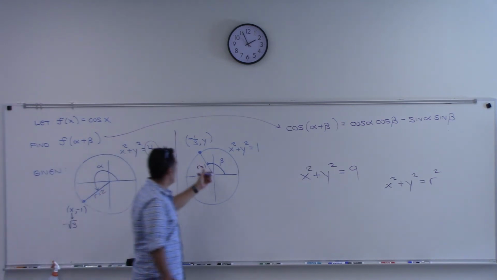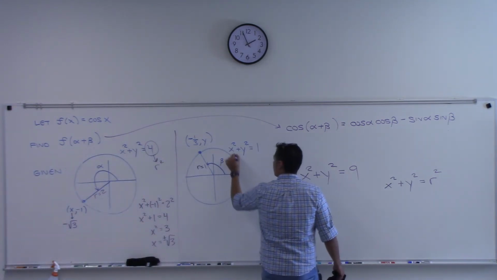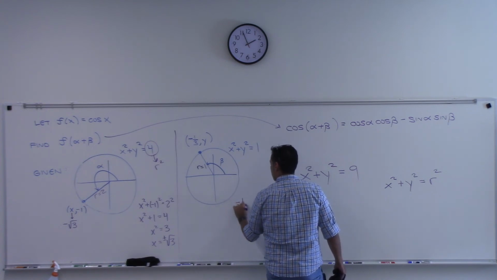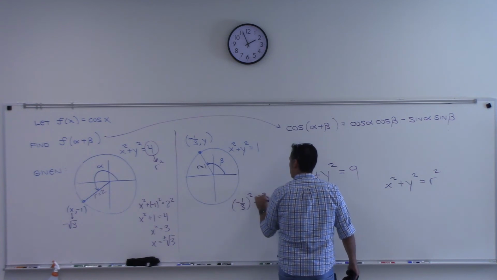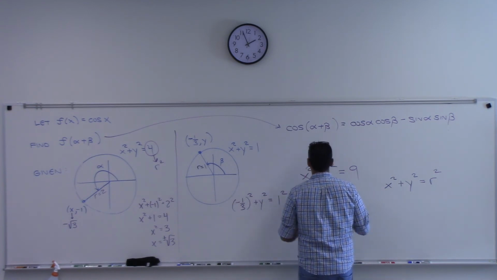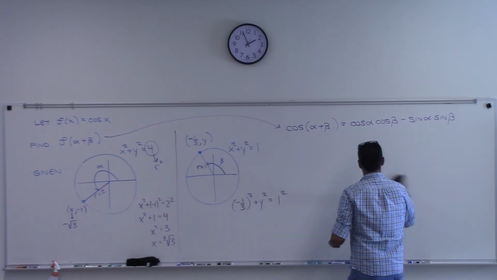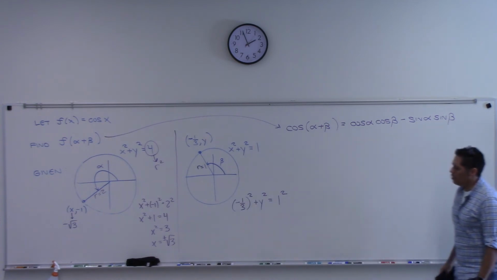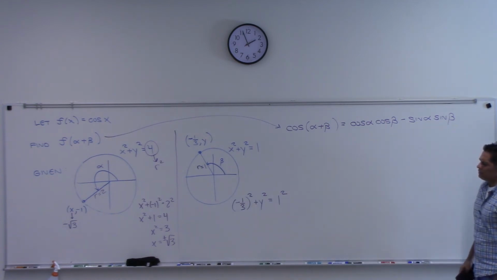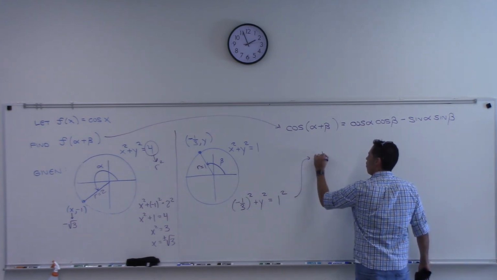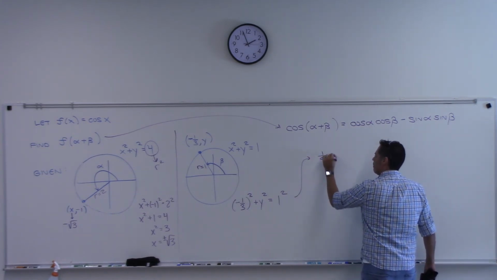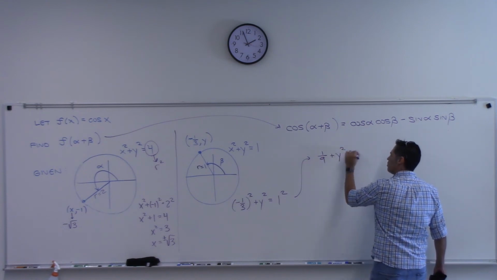Over here we do the same thing. We have x squared, but x is negative 1/3. That's squared plus y squared equals the radius squared. Hey, what's negative 1/3 squared? 1/9. 1/9 plus y squared equals 1.